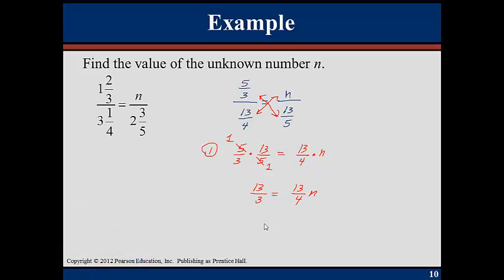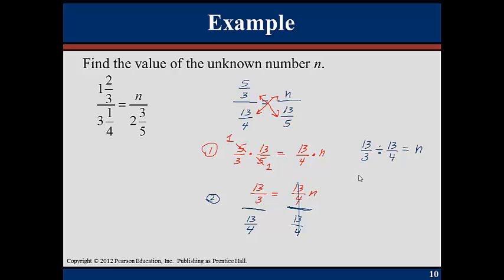Now remember, step 2 says divide by the number in front of n. So who's in front of n? It is 13 over 4. So I'm going to divide by 13 over 4. I'm going to use the fraction bar to represent divide. These will cancel, and it will leave me with 13 over 3 divided by 13 over 4 equals n.